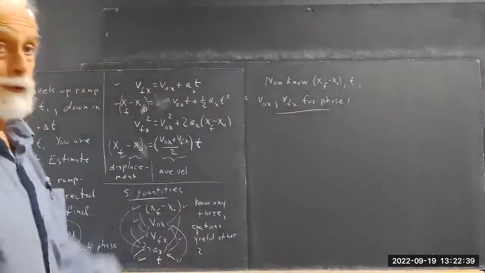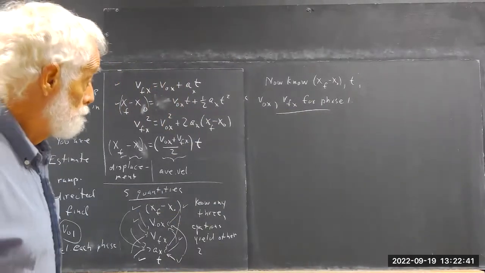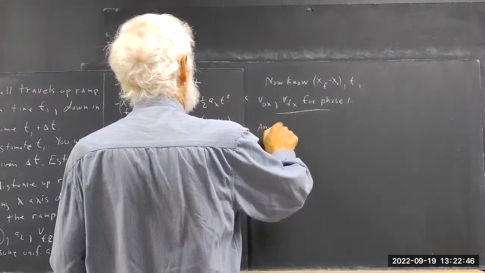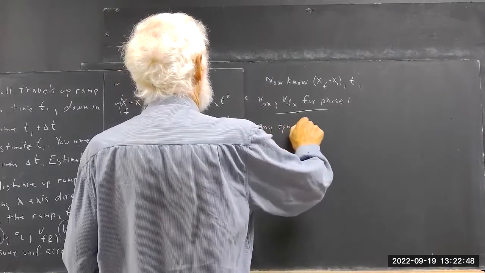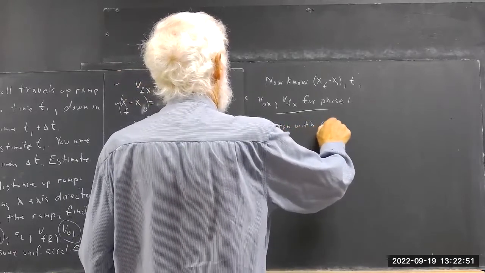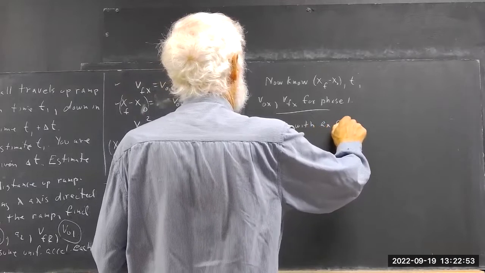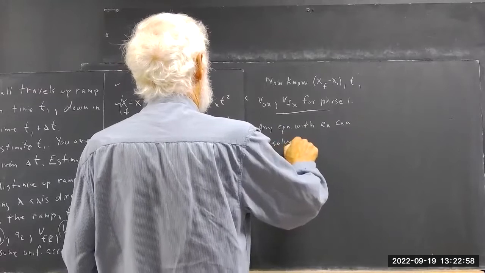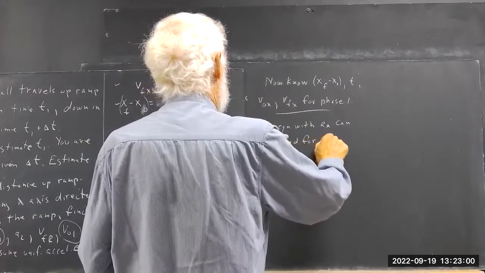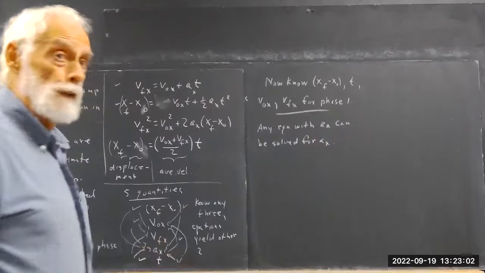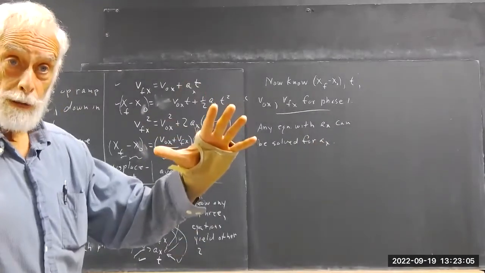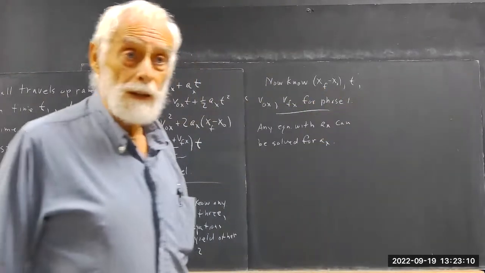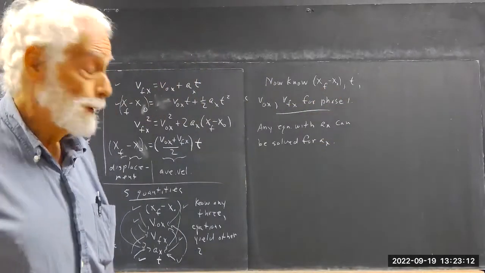So we know all this for phase one. And the equation with AX can be solved for AX because there are only 5 quantities, if you treat XF minus X naught as its own quantity.